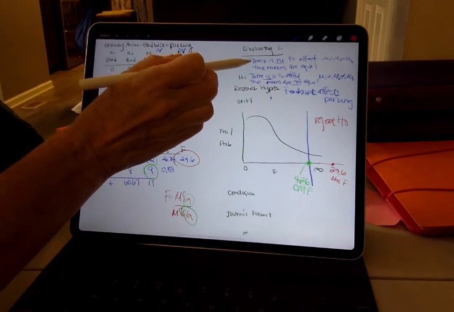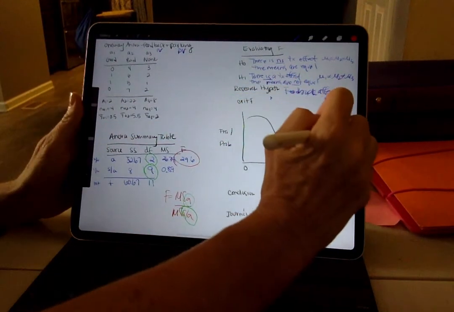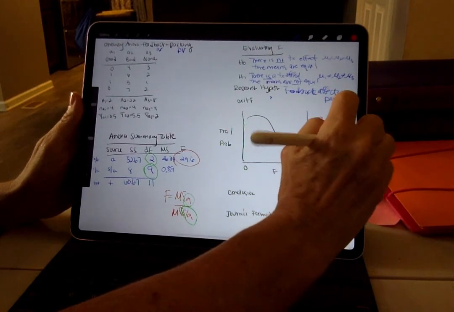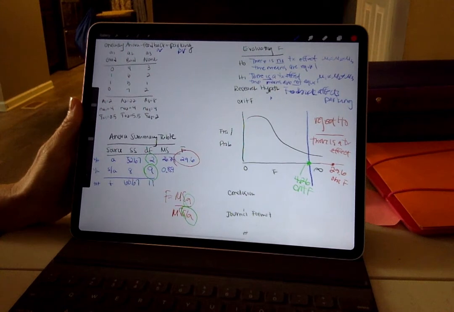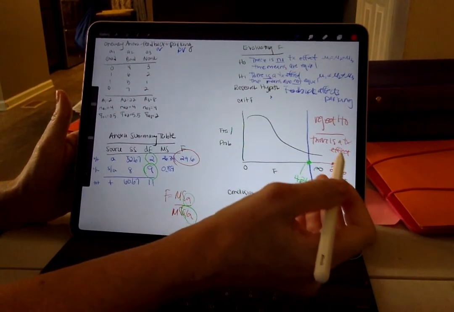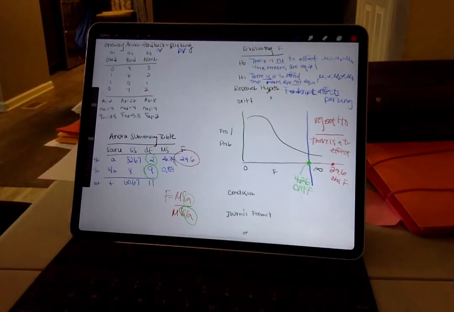Null hypothesis says there's no treatment effect. If we reject it, our conclusion is there is a treatment effect. Another way of saying that is that the means are equal. And if I ask you to draw a conclusion in terms of the actual, another way of saying that there is a treatment effect is that the means are not equal. I think I misspoke there.